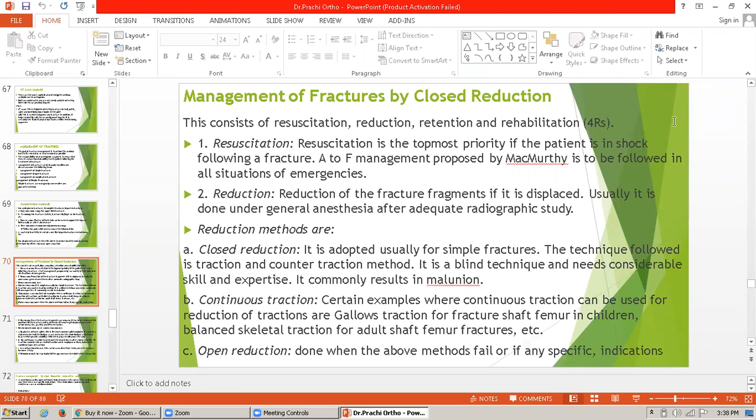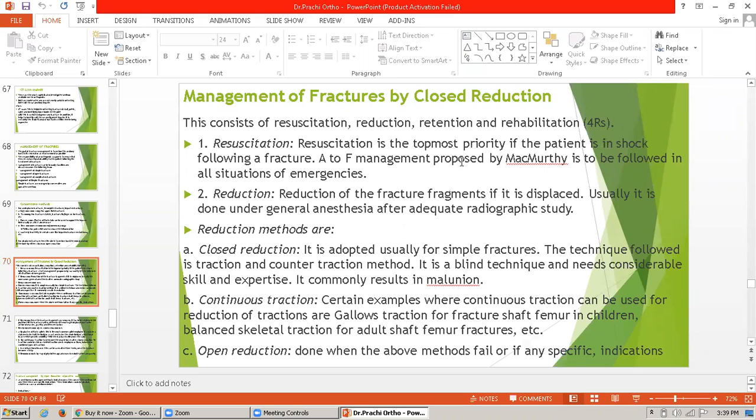Resuscitation is the topmost priority if the patient is in shock following a fracture. The A to F management proposed by McMurphy is to be followed in all situations of emergencies.